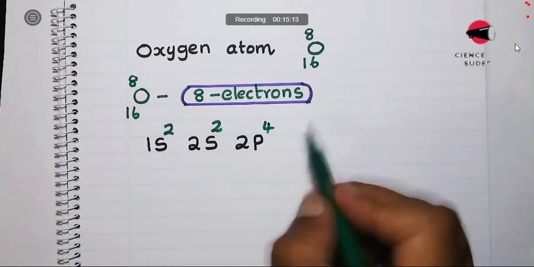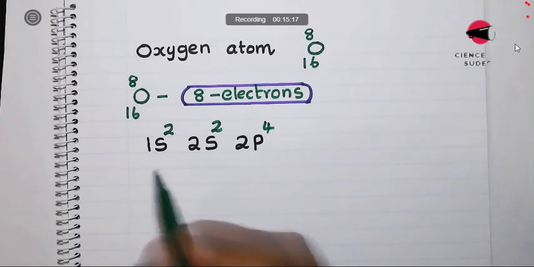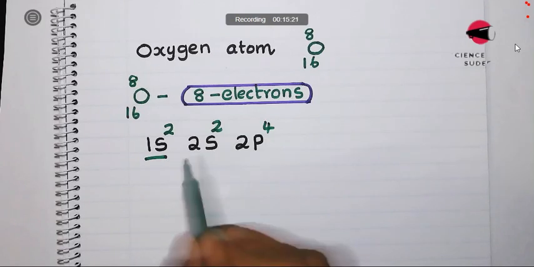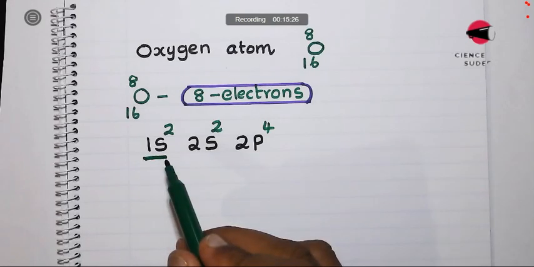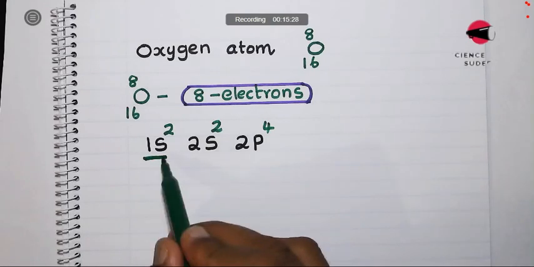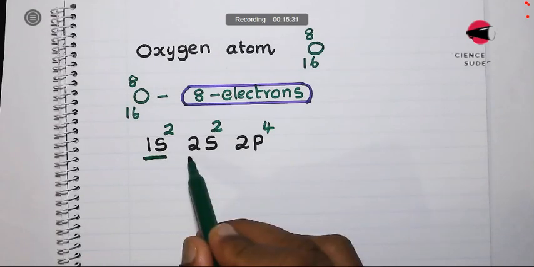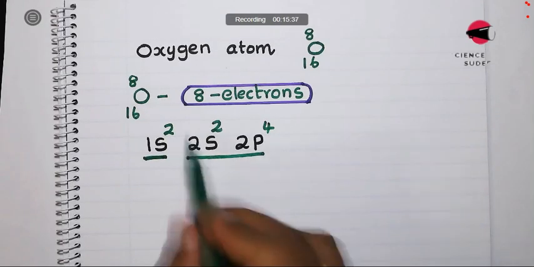Let's check the energy distribution and energy levels. This is the first orbital, 1s2, and its energy level is 1. For the second energy level, there are 2 orbitals, 2s and 2p, and they are together because their energy levels are equal.